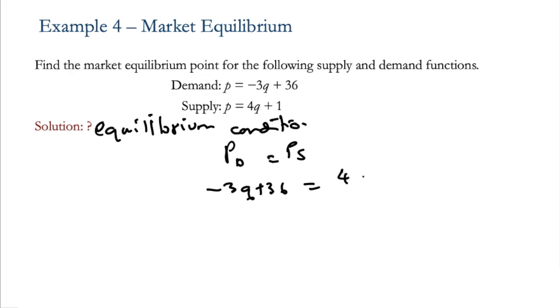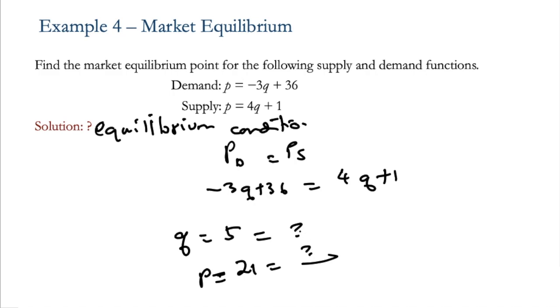Supply is what? 4Q plus 1. Then you rearrange it until you get Q equivalent to 5, and therefore the price is equivalent to what? Equivalent to 21. Show all the work, how you are going to get this answer. If you don't show it and just answer bluntly, then I don't give you any marks.